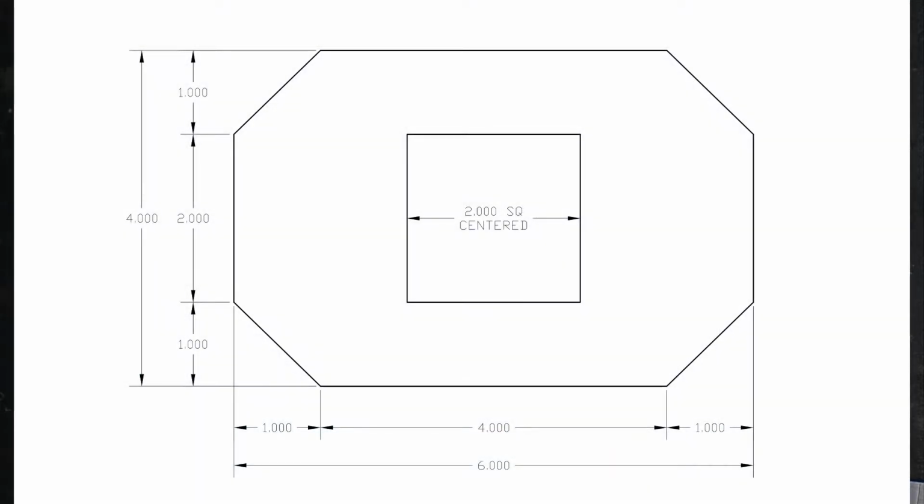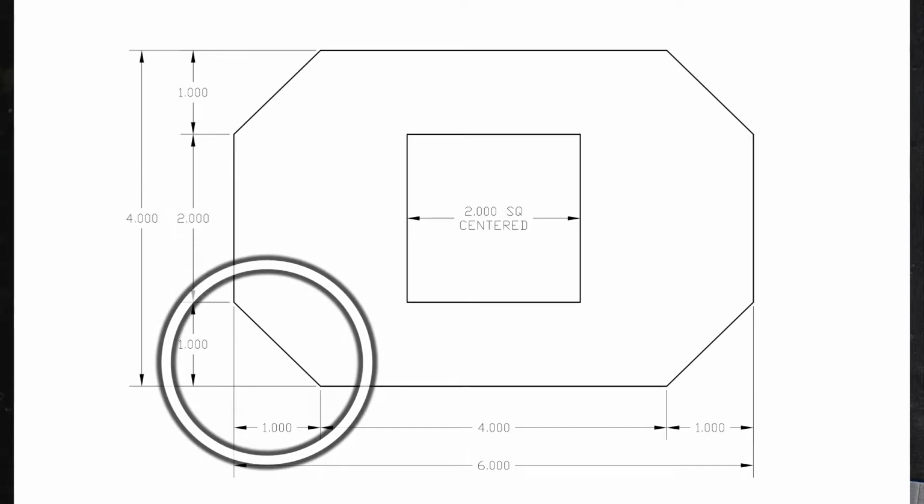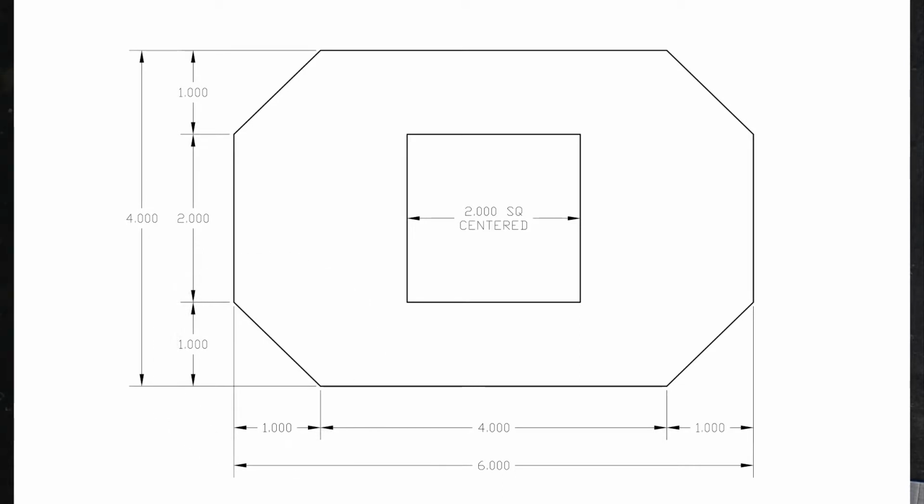So knowing that the outside lines on my drawing measure the overall measurements on the original part, I'm going to start by identifying reference points for each of the corners. Taking a look at the lower left-hand corner, I can see that I have 2 1-inch measurements that will help me identify the starting and ending point of this line.